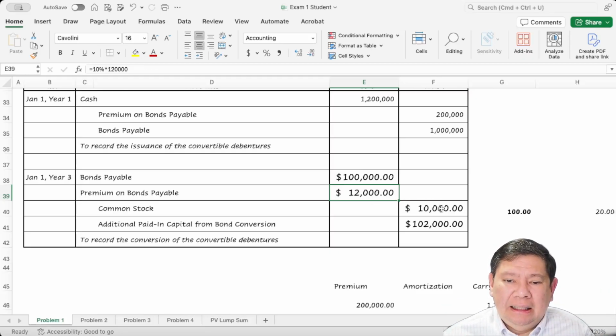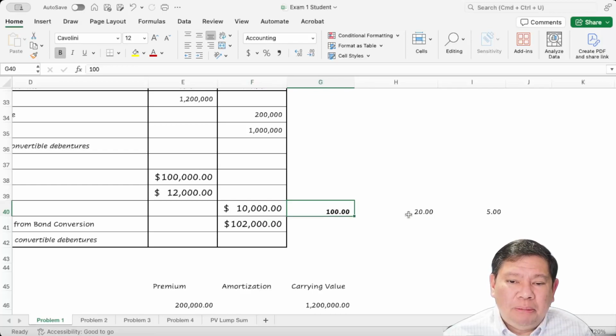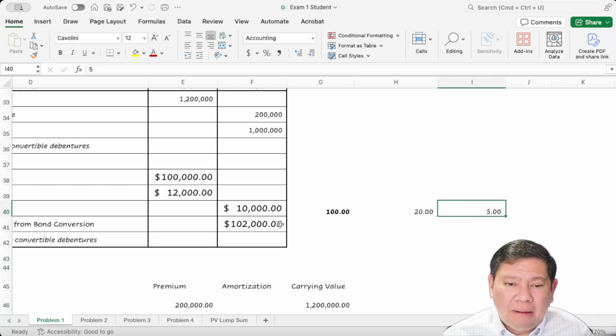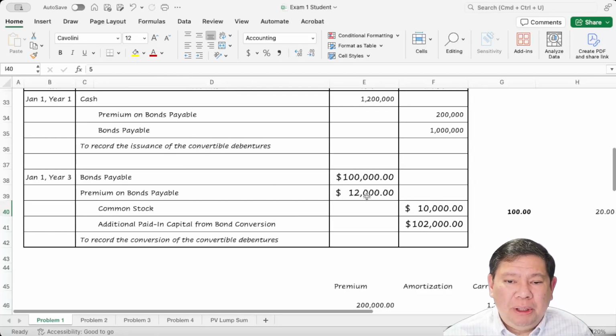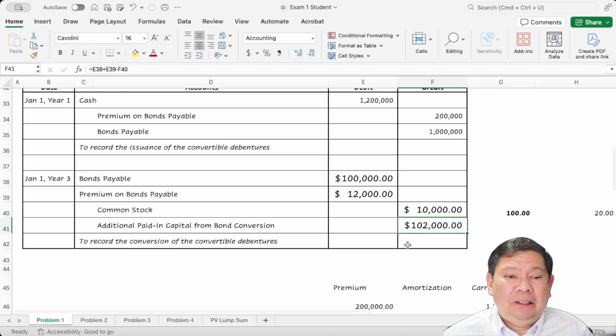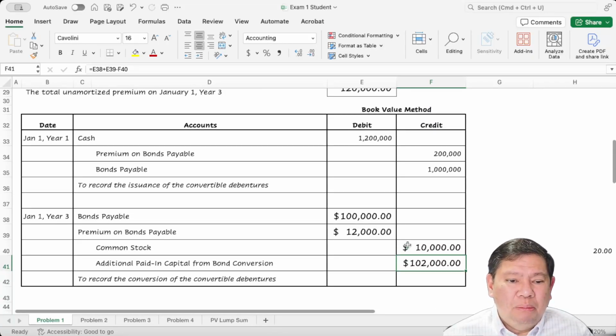And as the result of the exercise, the company has to issue $10,000 of common stock: 100 times 20 conversion common stock times 5 par value. And the difference between the two columns to make it balance is the additional paid-in capital from bond conversion. So that's how we prepare the journal entry for problem 1 on the exam.